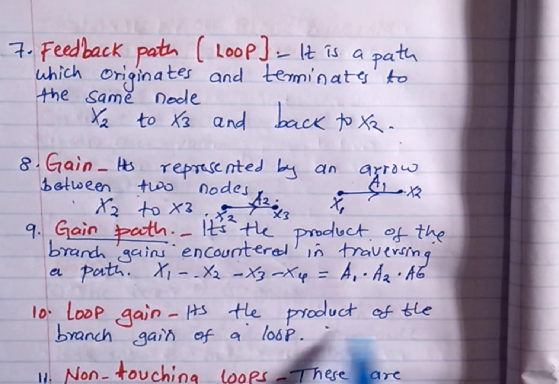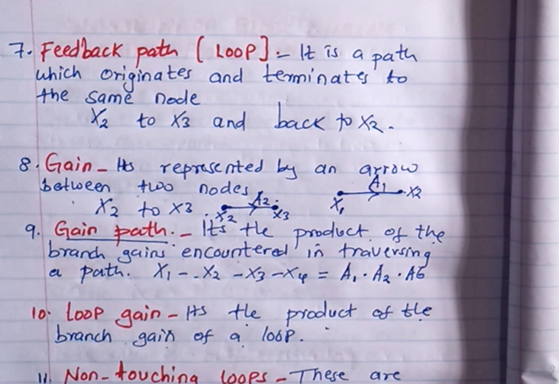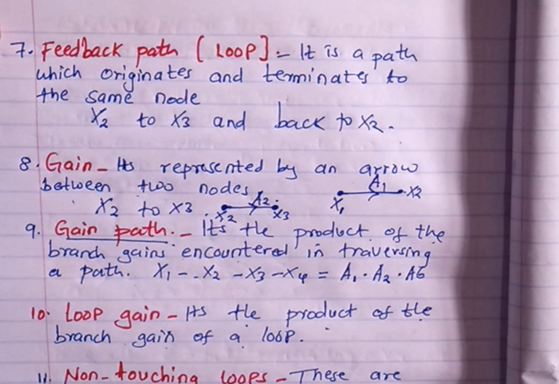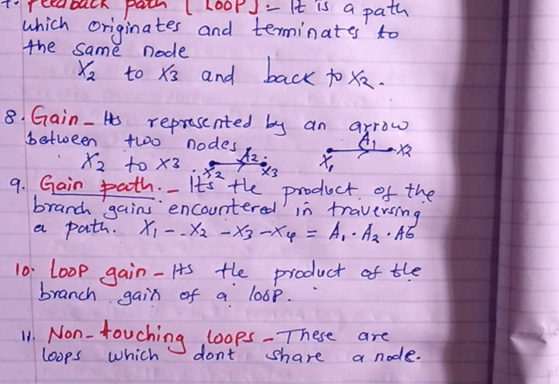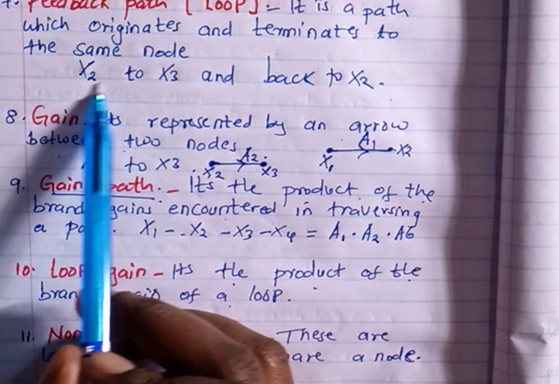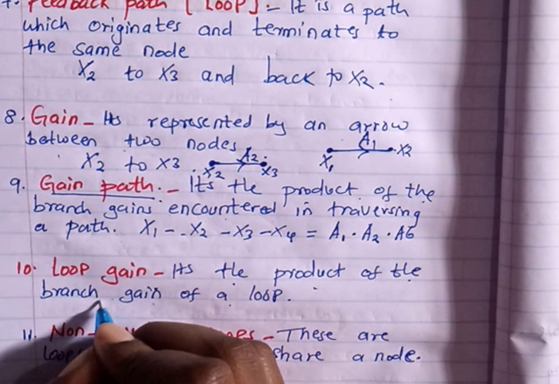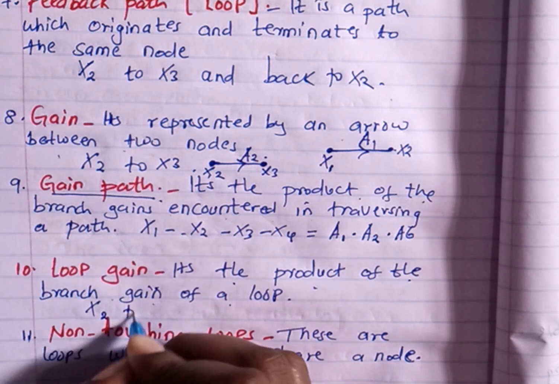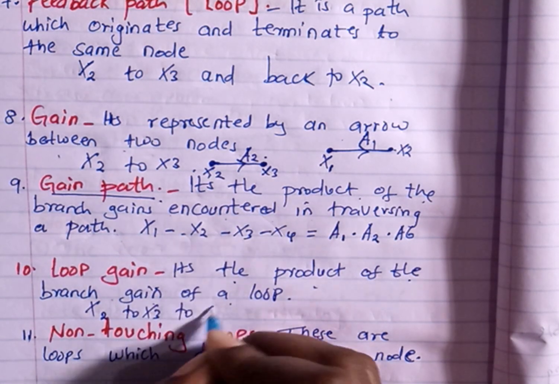Then the next one is loop gain. It is the product of the branch gains over a loop. So when you have a given loop in a signal flow graph, how do you get the loop gain? For instance, we had this kind of loop here, x2 to x3, then to x2.